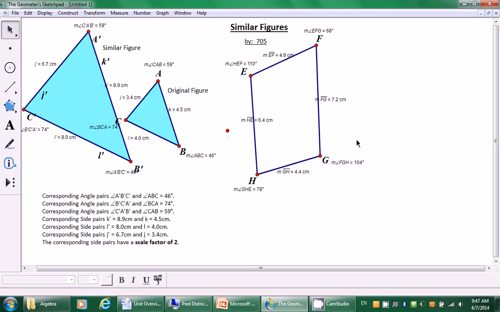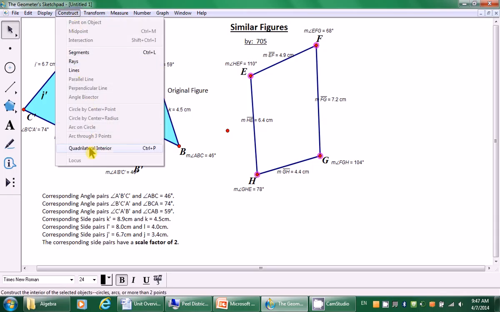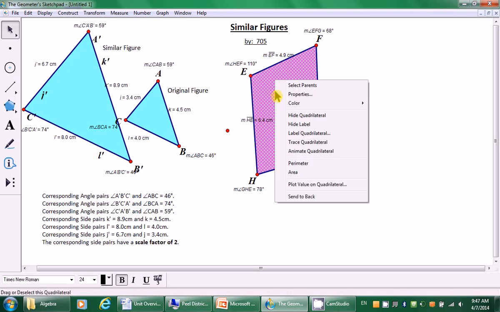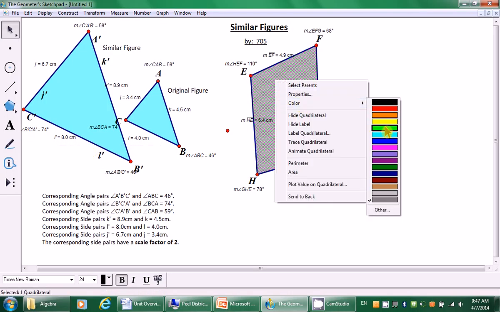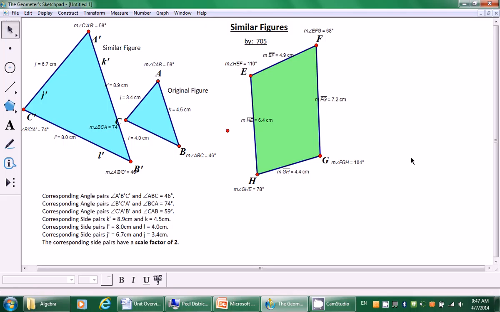Okay. So this time, sorry, let me construct the interior. Go to construct, and we're going to look for quadrilateral interior. And then I just want to change the color so it's different from my triangles.